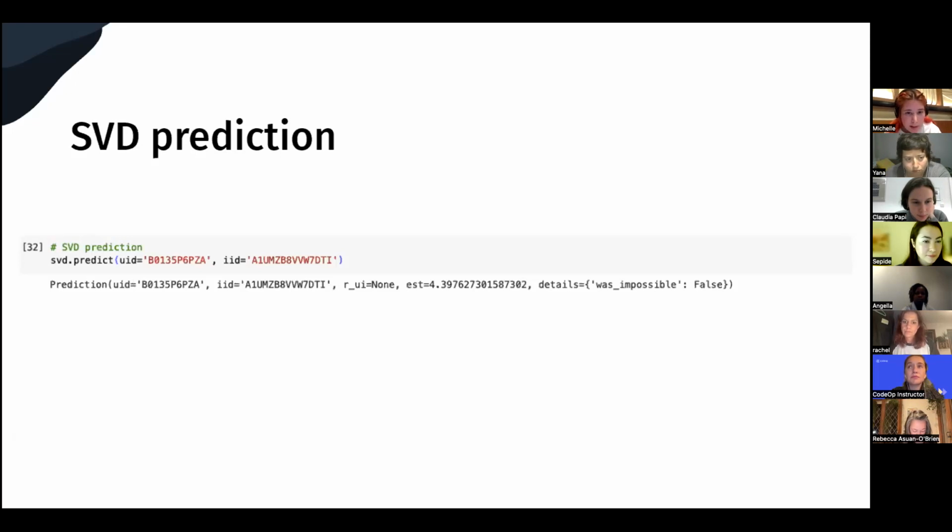It's not super clear here, we could have put a print sentence, but basically this user is predicted to score the product 4.39, let's say 4.4. So it's basically predicted to like this product. However, to evaluate the model, you can go to the next one.